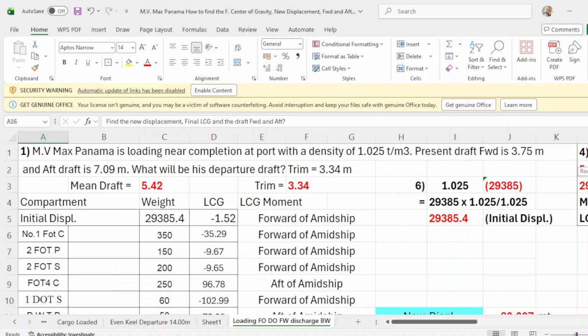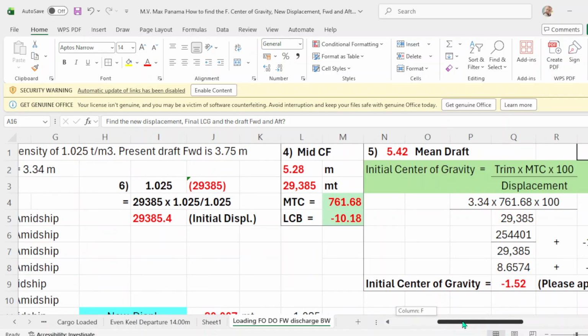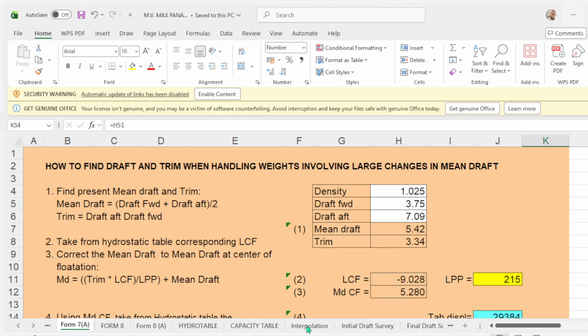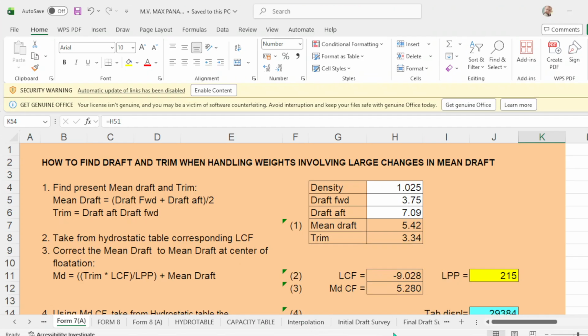Then we go to number 2. Take note of the mean draft of 5.42. This one will go for finding the LCF. Okay, that is 5.42. You go to the program, hydrostatic table, 5.42.